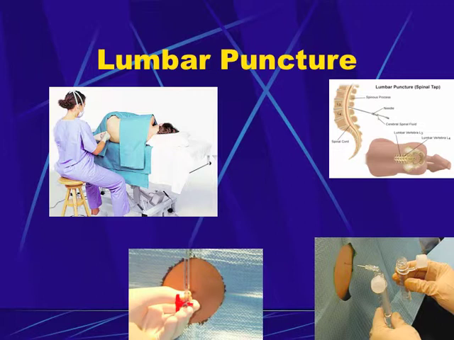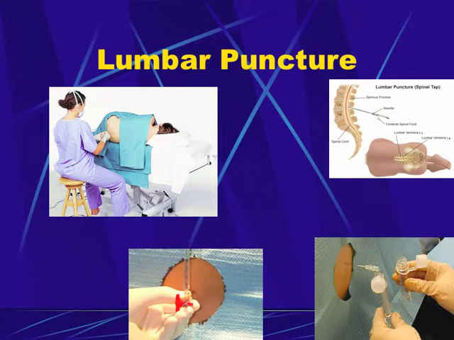Now, when they do this, the nice thing is they can do lots of things with it. So the doctor puts the needle in, and you can see in the lower right corner the needle, and there's fluid, cerebral spinal fluid, just dripping out. So often we're doing that to get a culture, like if we suspect meningitis.